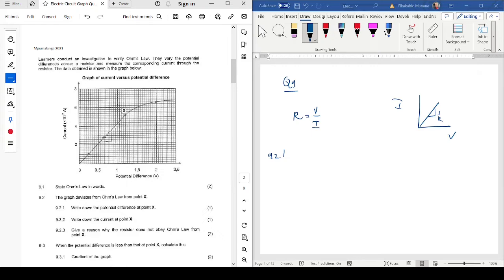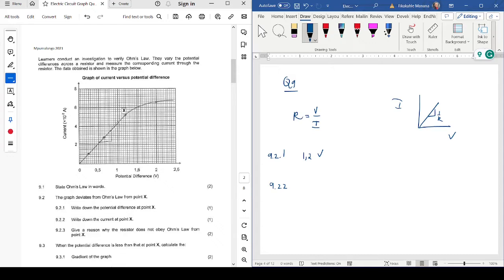Okay, so every two small blocks, that is 0.1. And I see this X is at the fourth block. So this is like 1,2 volts.